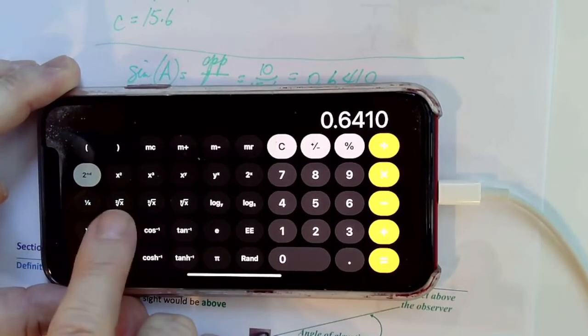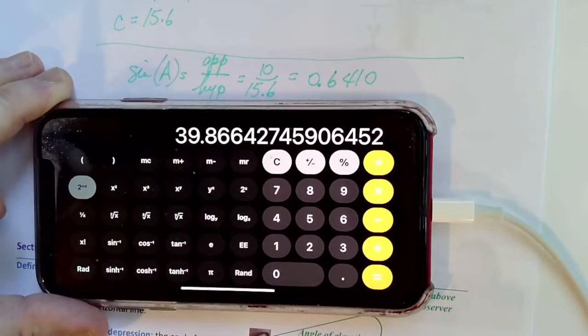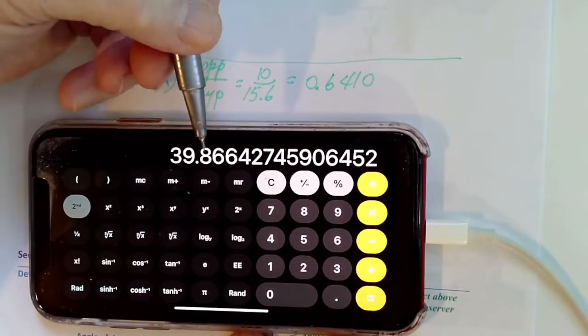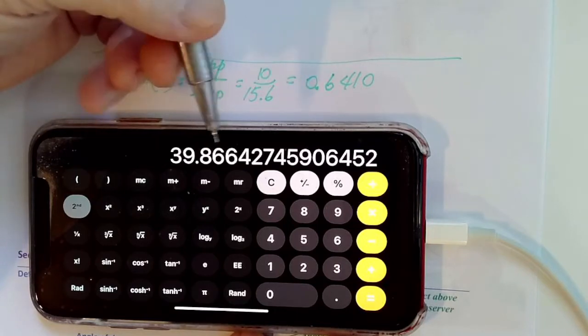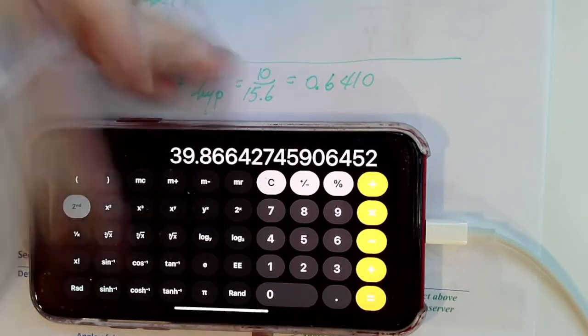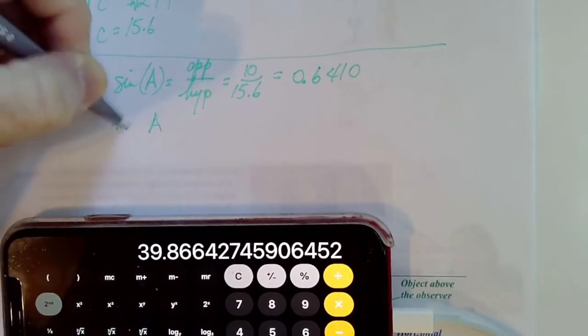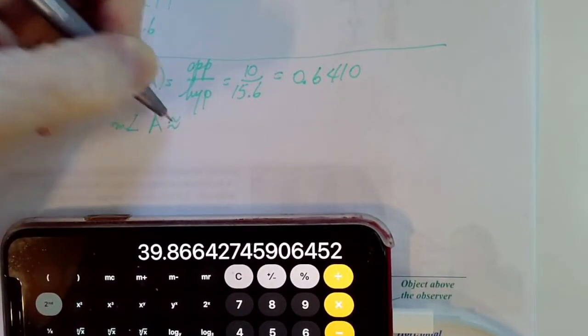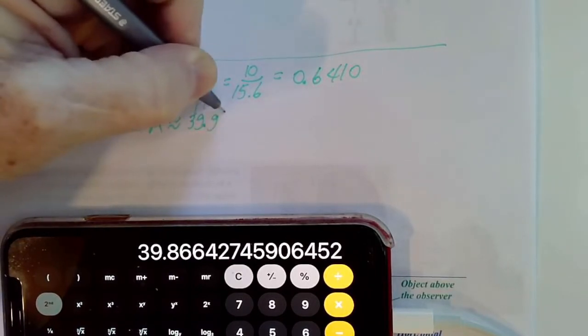So I'm going to tap inverse sine, and I get 39.9. I'm rounding to 1 decimal place. The number to the right of the 8 is a 6, so I'm going to bump the 8 up to 9. So I get that the measure of angle A is approximately 39.9 degrees.